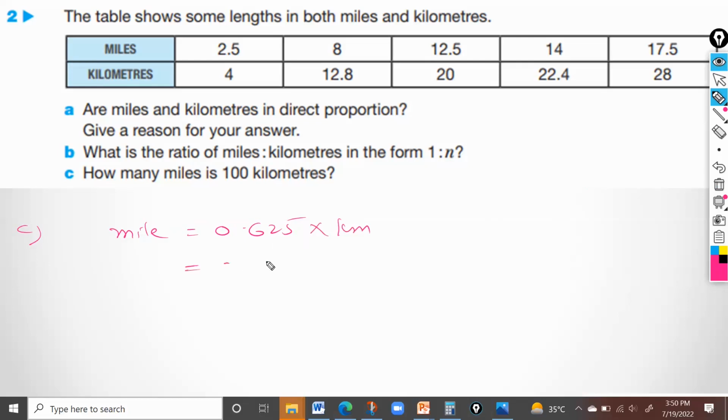So 0.625 times 100 will give you 62.5. Okay, I think you got the answers. So now we go for question number 3.